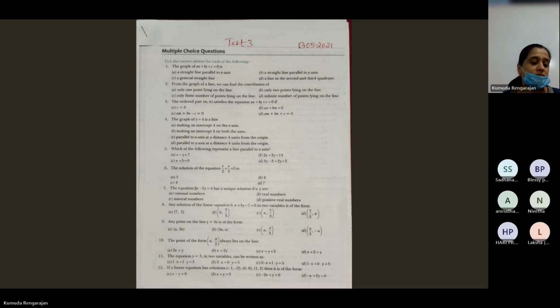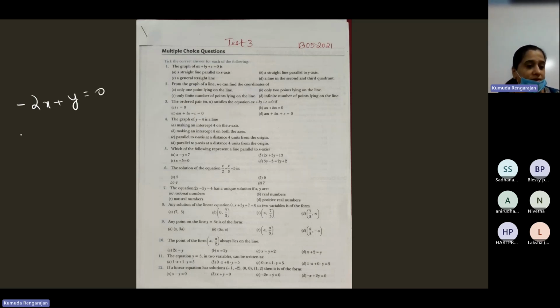Not D. See, when you substitute the points in that equation, all these 3 points should satisfy that equation. Okay, minus 2x plus y is equal to 0. Let's check.